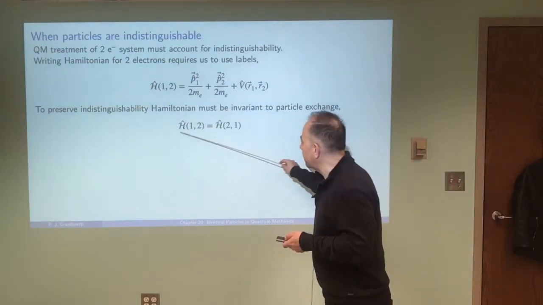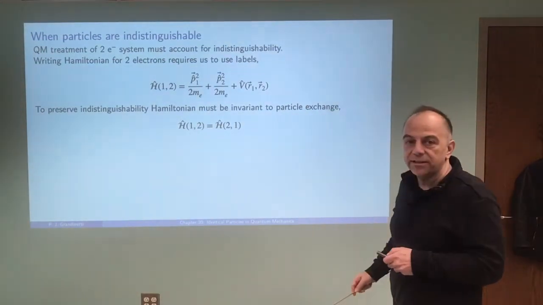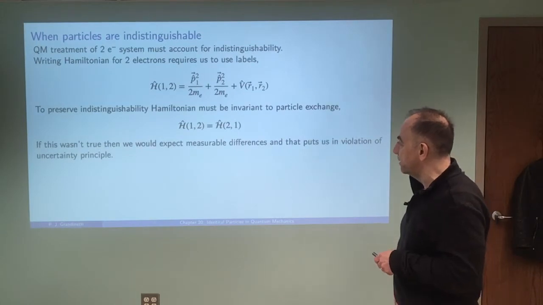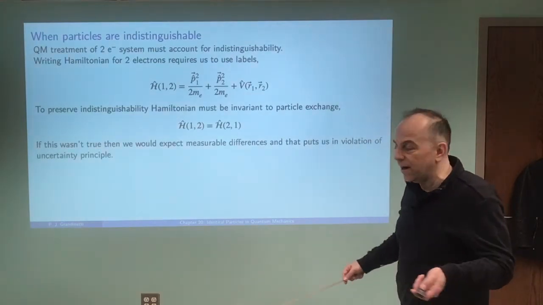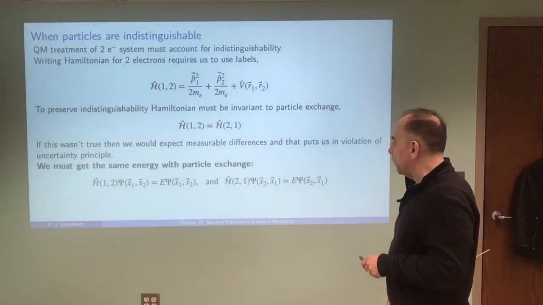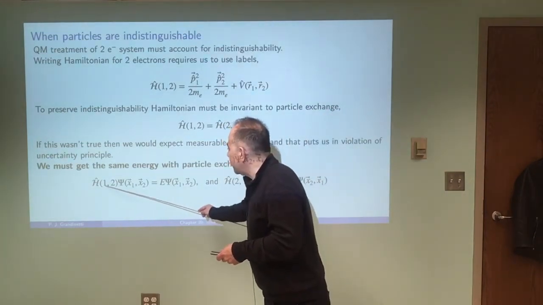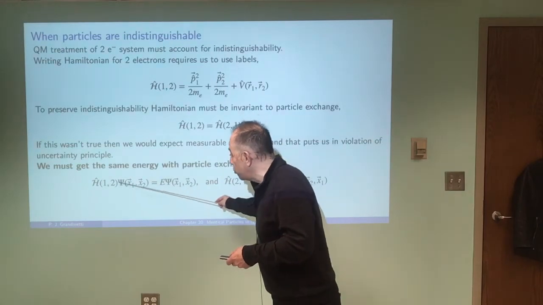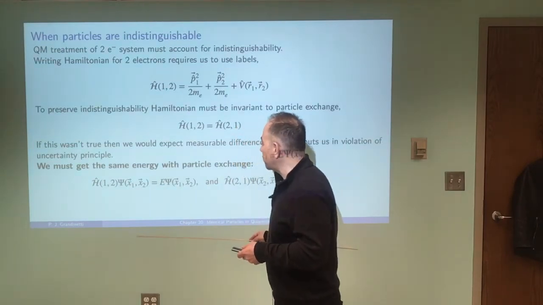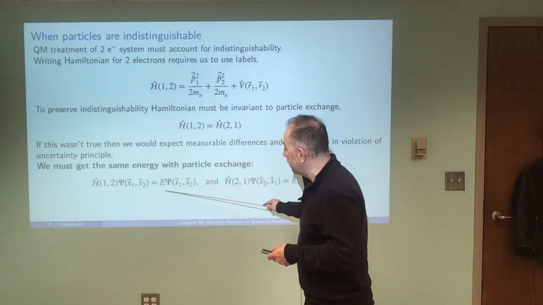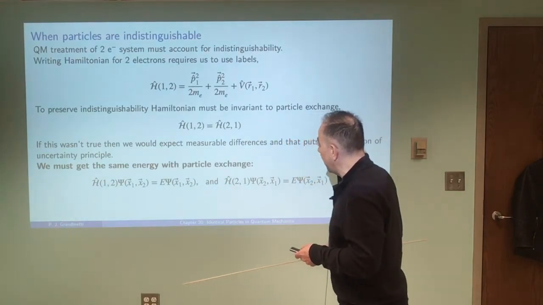So these two Hamiltonians have to be invariant to particle exchange. If it wasn't true, then we would violate the uncertainty principle, and that wouldn't be allowed, right? So if we operate this Hamiltonian on the wave function for the two particles, the two electrons, we'll get back the energy eigenvalue times the original wave function.